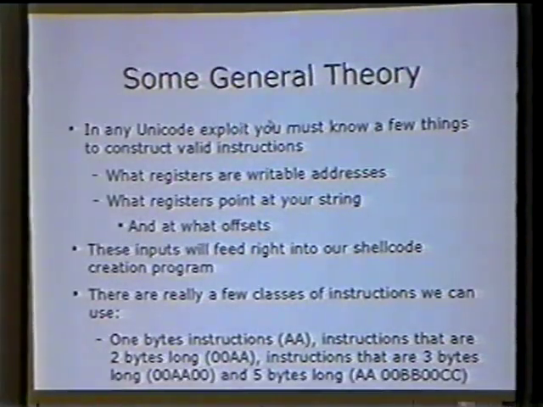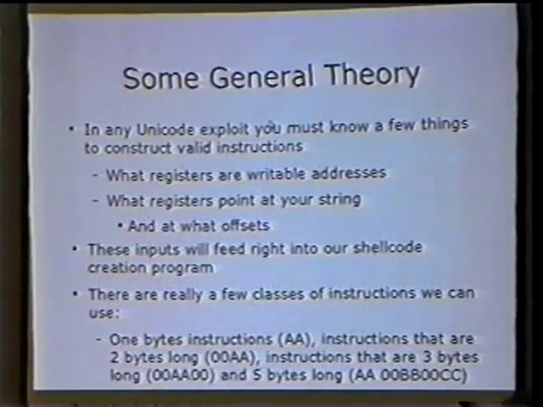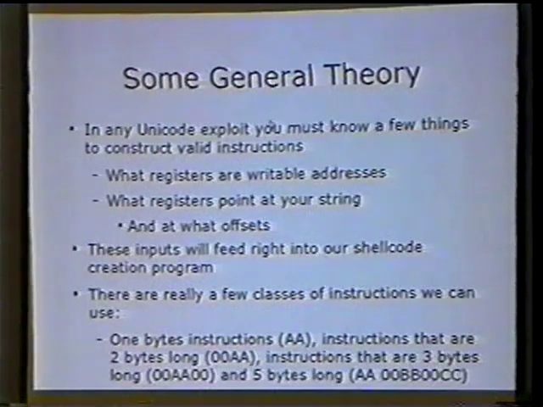So you then gather some information about what other features of the memory state are useful to you. In particular, what registers have writable addresses, because those registers can be used to provide a sort of no-op. And what registers point directly at your string, and where do they point? And those you then feed into basically a compiler that is going to compile a set of instructions and control the alignment, because alignment is your main problem.